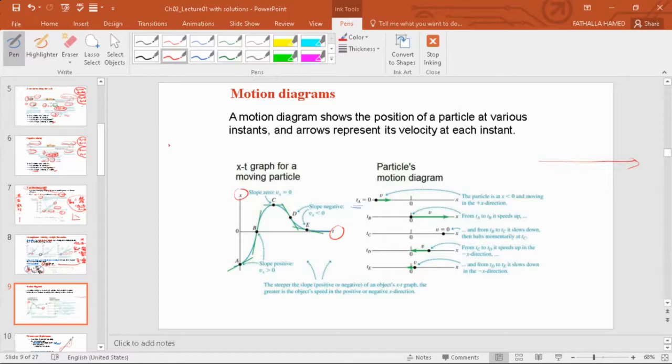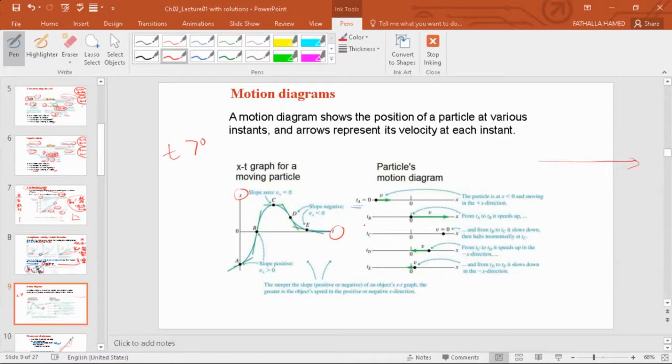But time t is greater than 0. You don't have negative time within our definitions here. So that's the time, and the x could be positive or negative, and that's your curve now. You have a curve like this. You start from t equal to 0 and you go to some other time.